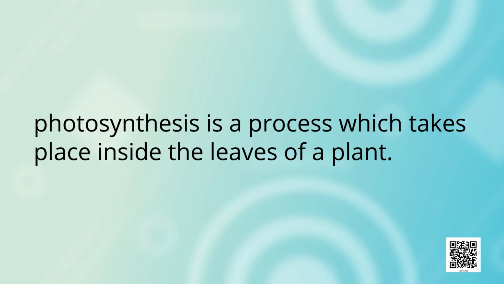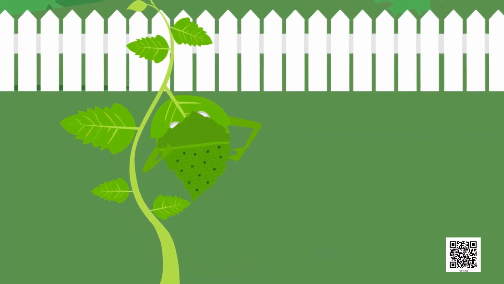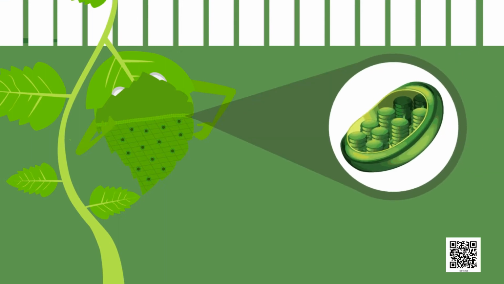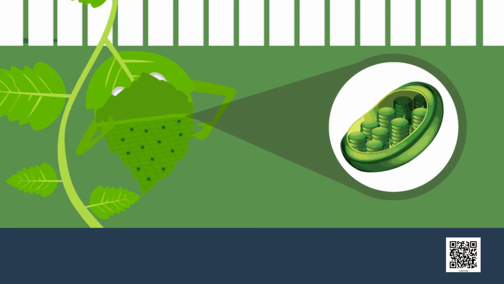Photosynthesis is a process which takes place inside the leaves of a plant. The leaves of plants contain tiny pores called stomata, and the carbon dioxide from the air enters into the leaves through these stomatal pores. Plant cells contain smaller structures called chloroplasts, and these contain the green pigment chlorophyll.